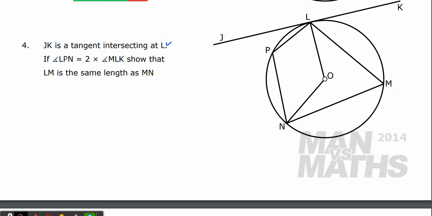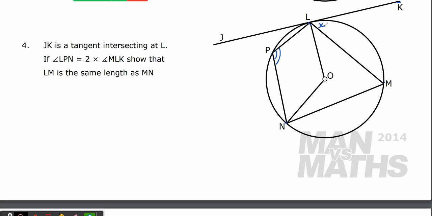If angle LPN, all right, angle LPN, let's go to LPN, that's this angle here, is equal to 2 times angle MLK, is equal to 2 times this angle.